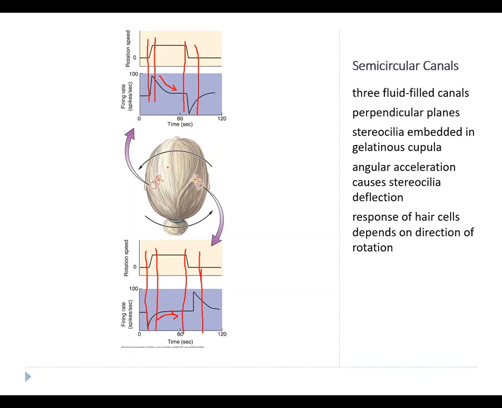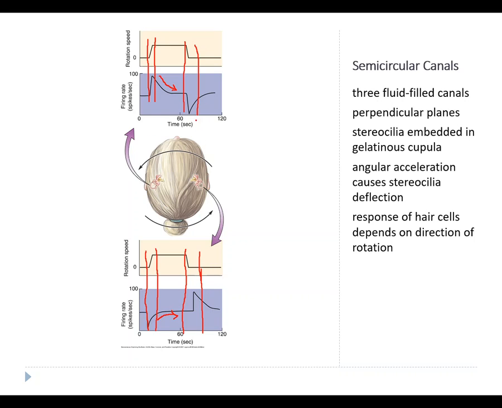A drop in firing rate means that the head is rotating in the opposite direction. So this signal tells the brain that your head is actually rotating now to the right. And in fact, the right semicircular canal is saying the same thing, because it is acting the way the left semicircular canal was when you were rotating to the left.